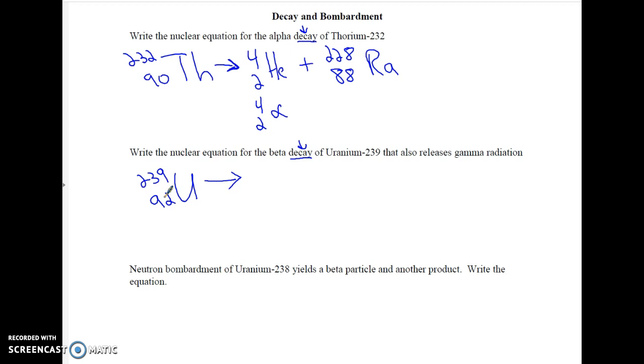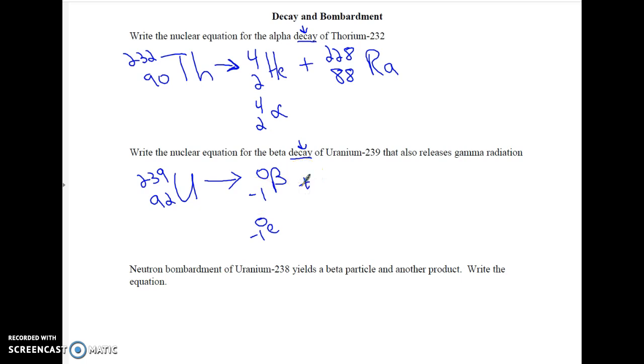But now you have this electron that is shot out of the nucleus at very high speeds. So you eject a beta particle, which is essentially an electron. Again, you can either use the beta symbol here, or you can put a lowercase e for electron. It doesn't matter which one you pick. The beta particle gets ejected with 0 mass because it's an electron and a -1 charge.